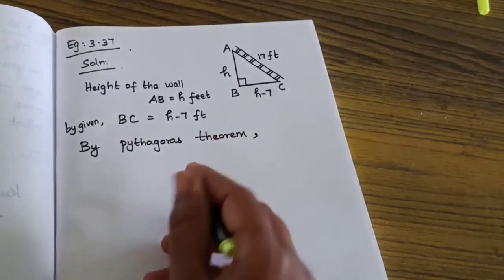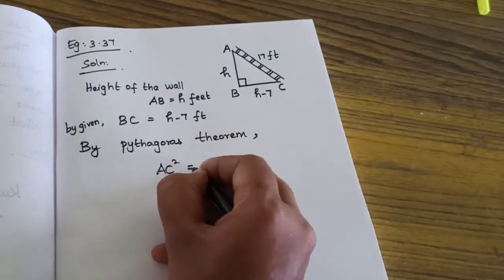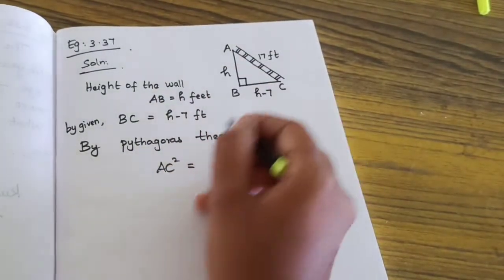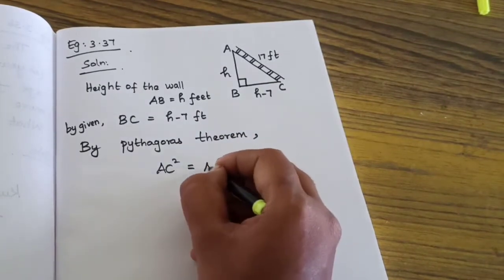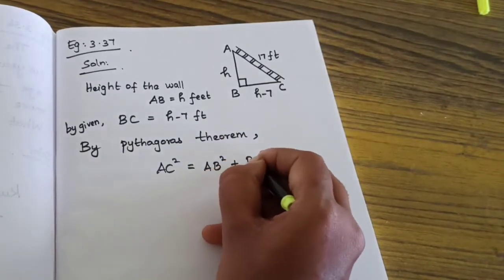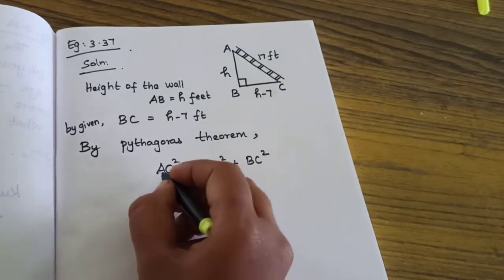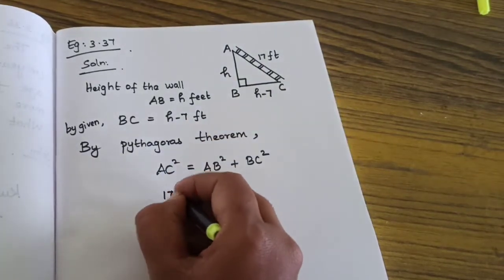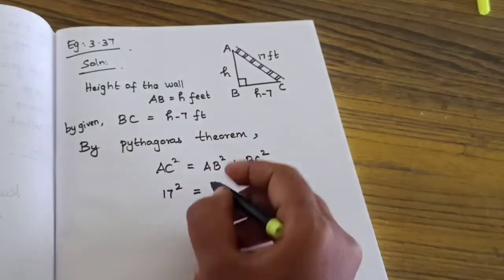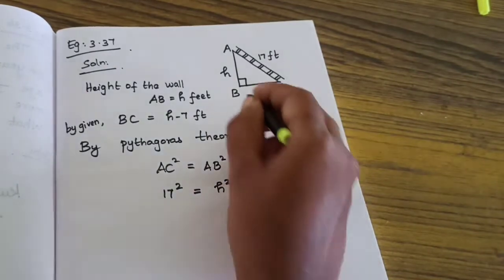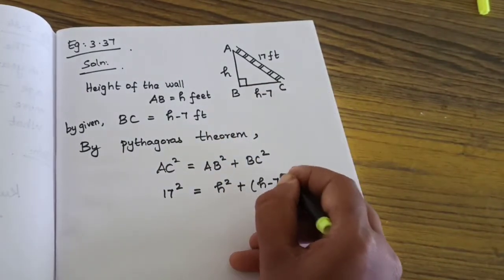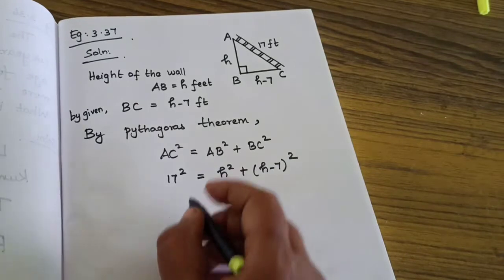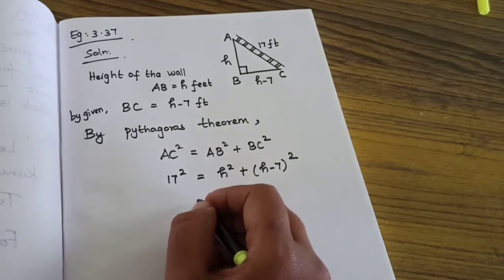Hypotenuse square is equal to the sum of the squares of the other two sides. So here we can write AC square, that is hypotenuse square, is equal to the sum of the squares of the other two sides, that is AB square plus BC square. Now substitute the values. AC is 17, so 17 square is equal to AB, h square, plus BC, h minus 7 the whole square. Now we need to arrange it into the quadratic equation.